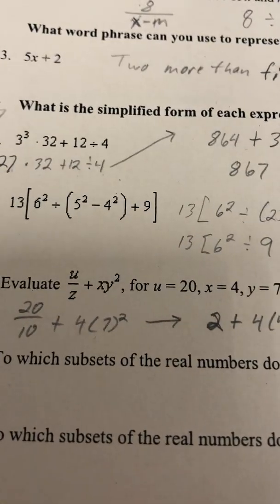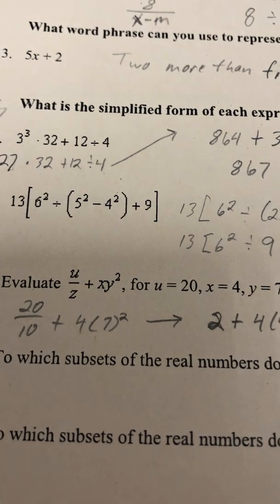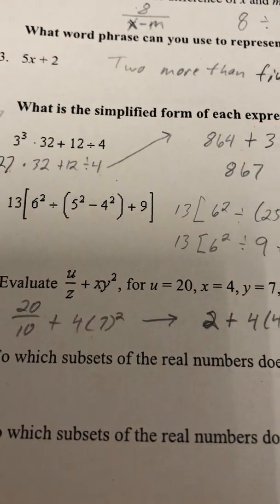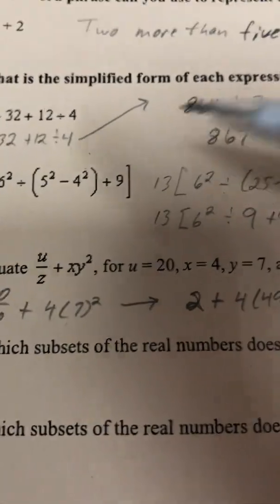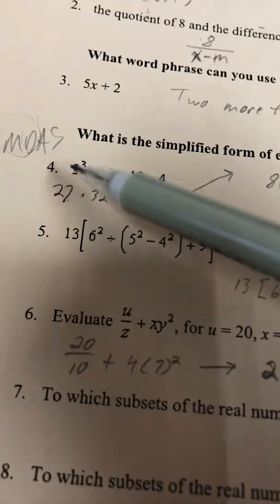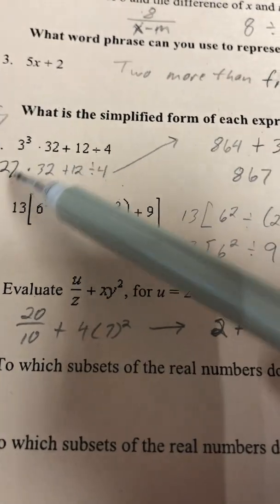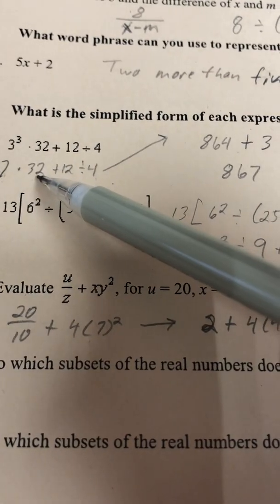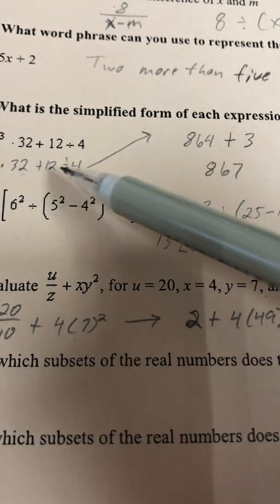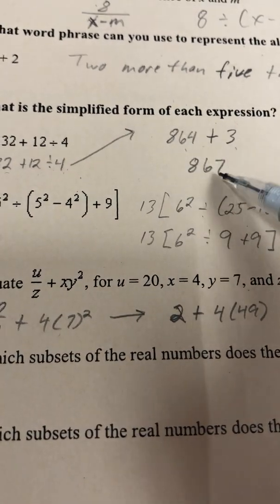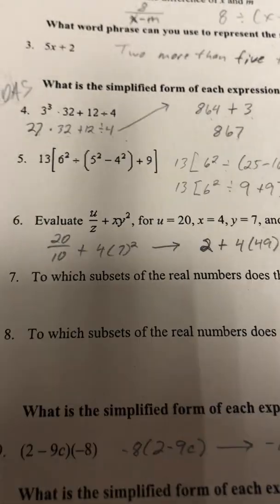You could slow it down and do one step at a time, multiplication, then division, then add. As long as you're adding last, because addition and subtraction is last, you'll be okay. I took 27 times 32, which gave me 864, and 12 divided by 4 gave me 3. Then I added the 2, and I get 867.